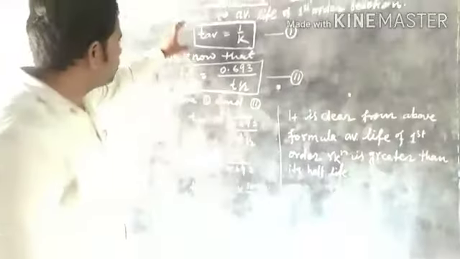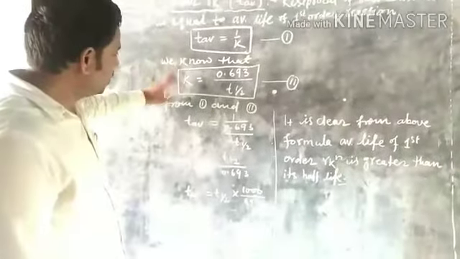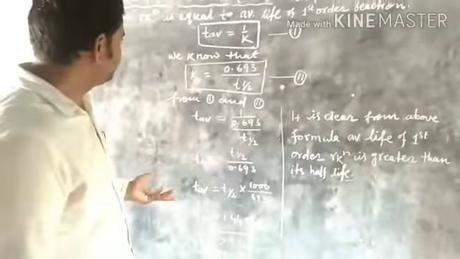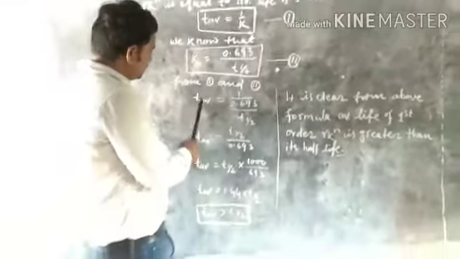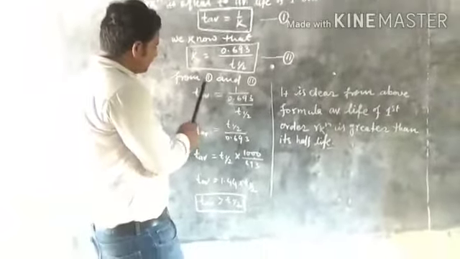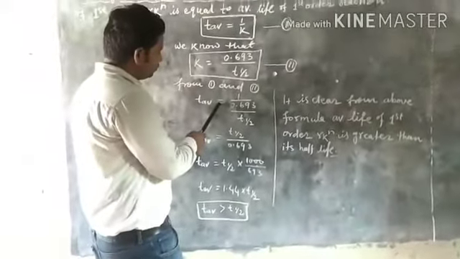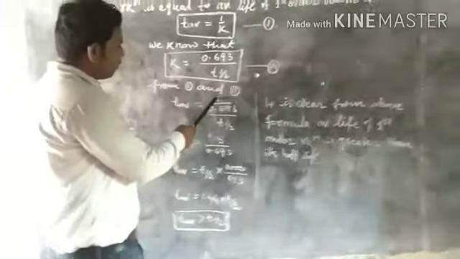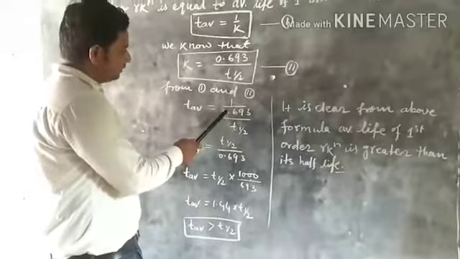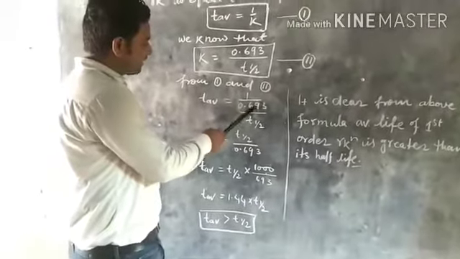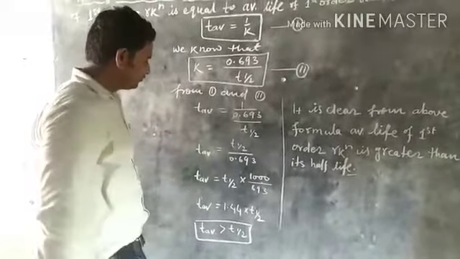And from equation 1 and 2, we find T average, means average life, equal to 1 by 0.693 by T half.